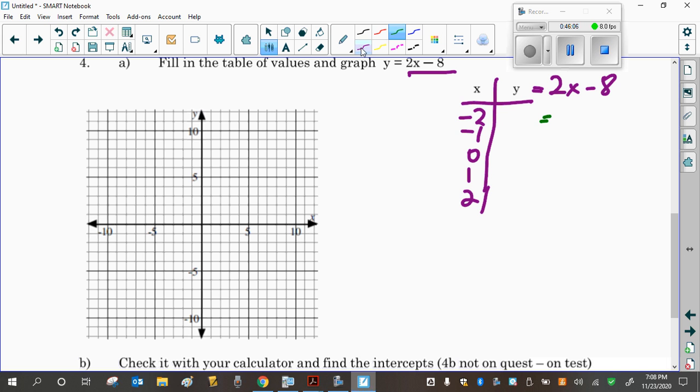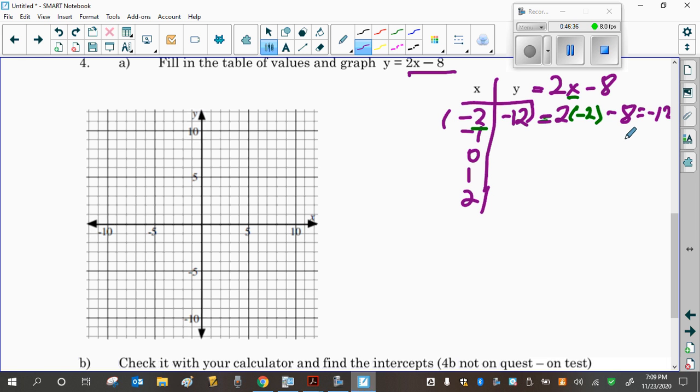I'm going to stick with purple until I substitute for x. So in this case, x equals -2, so I put -2. And then I put subtract 8. Okay, and then I figure that out, and I get -12. That's okay. So -12 is that point, -2, -12.